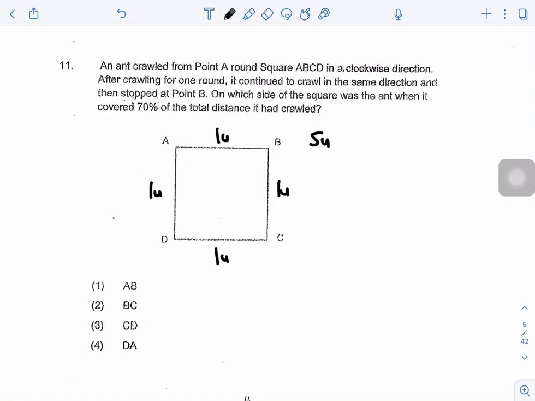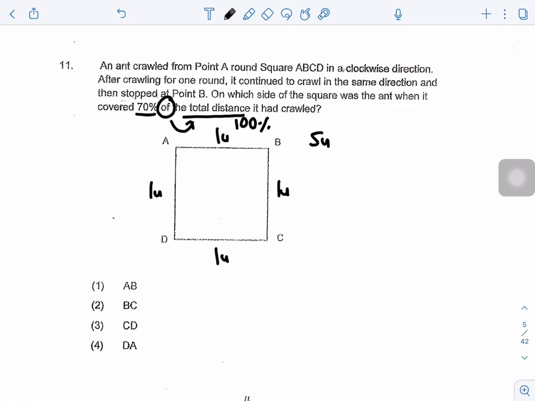On which side of the square was the ant when it covered 70% of the total distance it crawled? The distance that he crawled is 100% because it's after "of". Do you see that? After "of" is the 100%.